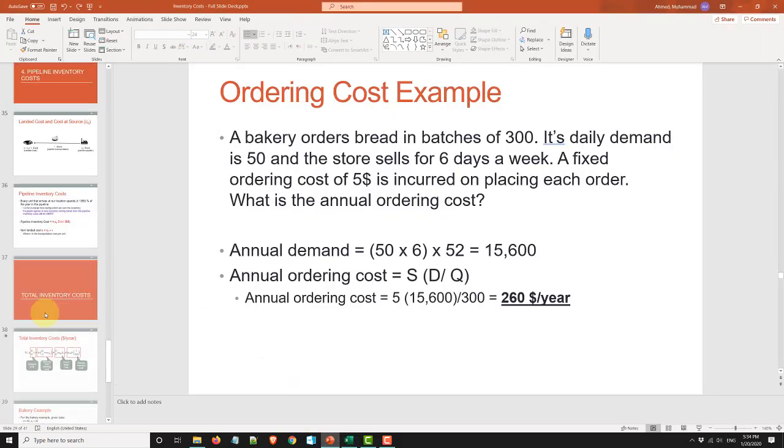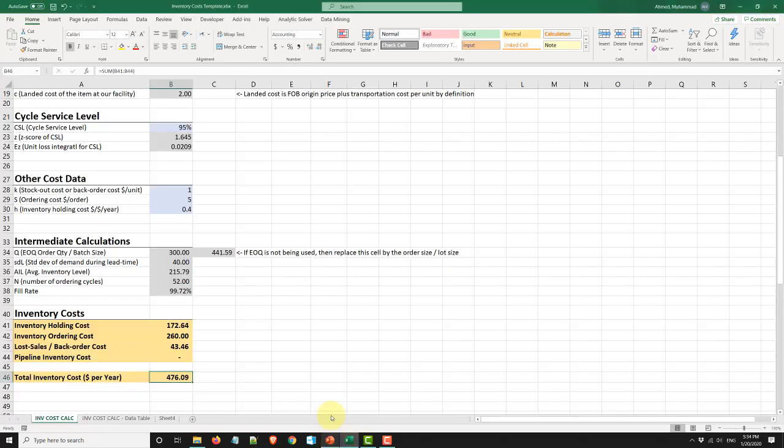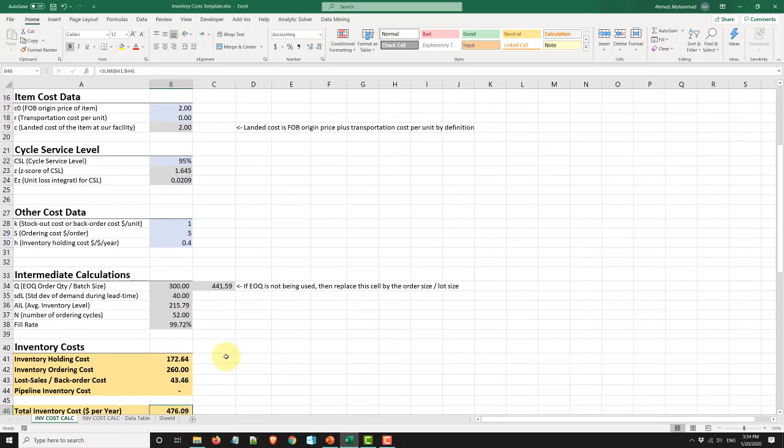Now, if you do the problem manually, you would get a very close answer. Why would you not get the exact same answer? Because when people do the problem manually, instead of using the z-score to 20 decimal places, they're just going to put in 1.65.